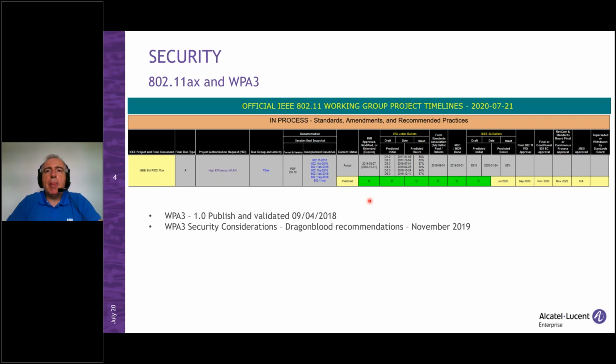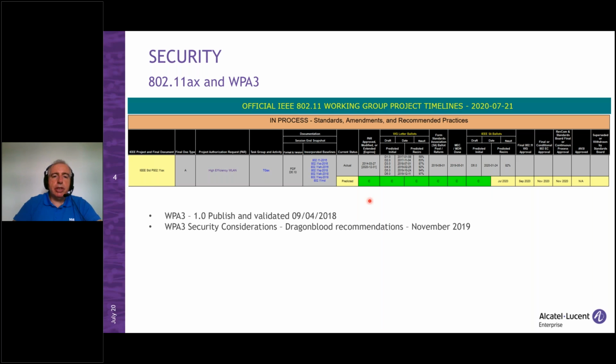So now, what is the real status of 11ax and WPA3? As you know, there are two different entities backing these standards. 11ax is backed by the IEEE, while WPA3 is backed by the Wi-Fi Alliance. So they are completely different animals in different environments, and they work differently and have different purposes.